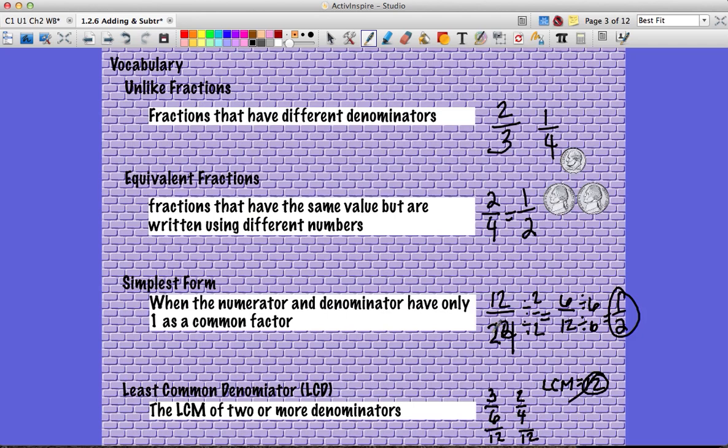So really when you're talking about the least common denominator, you're really using the least common multiple as the least common denominator, because that's going to allow you to change these into like fractions, so that way we can actually add or subtract them.